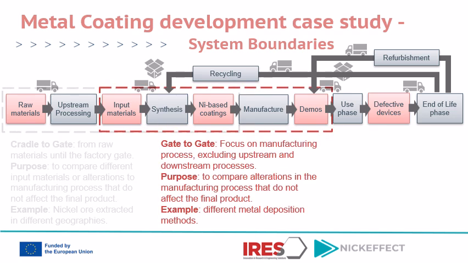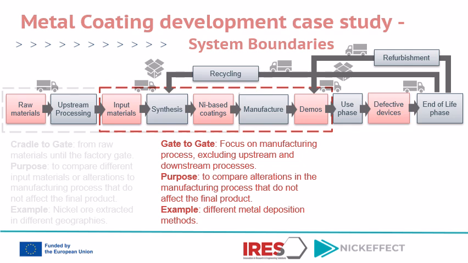Another type of system boundary that we can encounter in an LCA study is what we refer to as gate-to-gate. So here we do not start from the raw materials, but in this specific example from the input materials, and we reach a certain product, a certain gate of production, but we don't go all the way until the end of the life cycle. Why would we use such system boundaries?